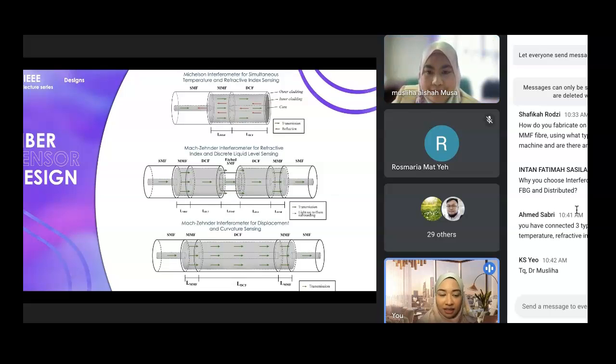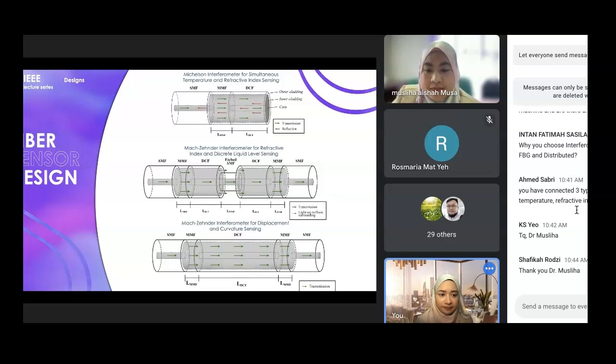So we have another question. Thank you, Dr. Musliha. We have another question from Intan Fatima Sasila. Why do you choose an interferometer sensor instead of FBG and distributed sensors? Yeah, okay. For that one, I want to emphasize the functionality of DCF itself. I know when we use FBG, it's more accurate and we easily get the result, but for this one, I want to use it for multi-parameter sensing.